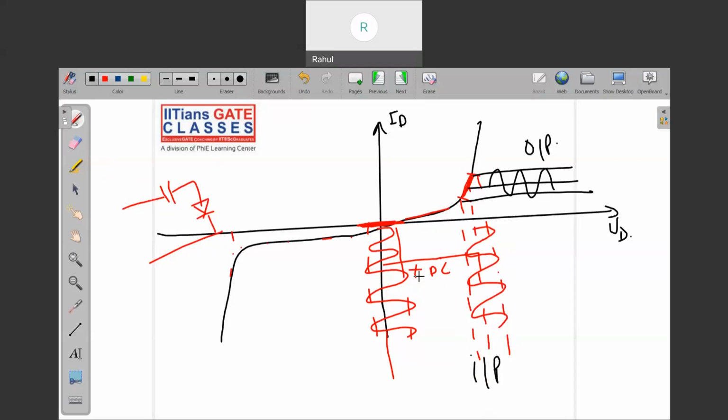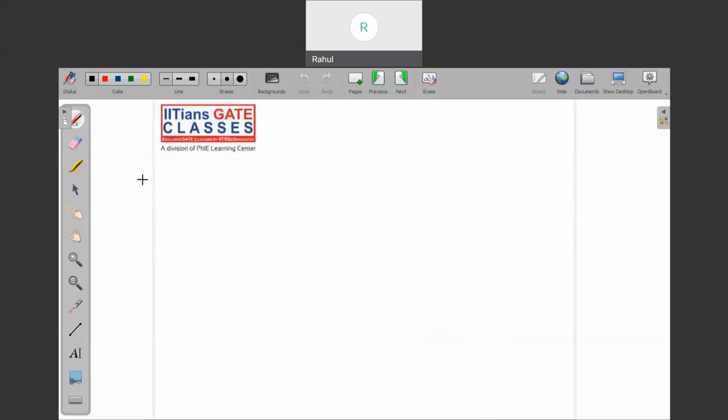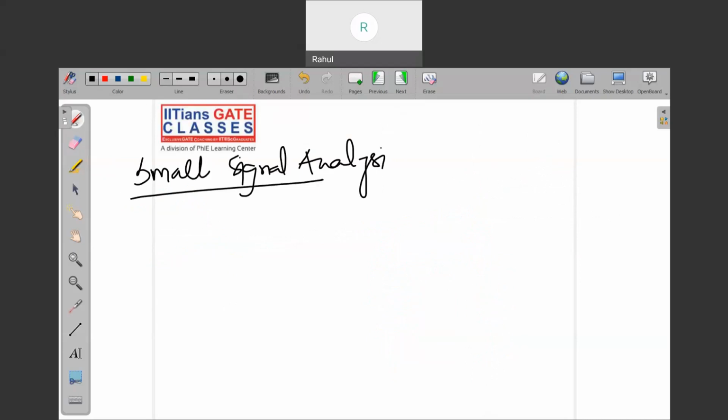So the steps of small signal analysis in general are: number one, add DC to the AC signal.